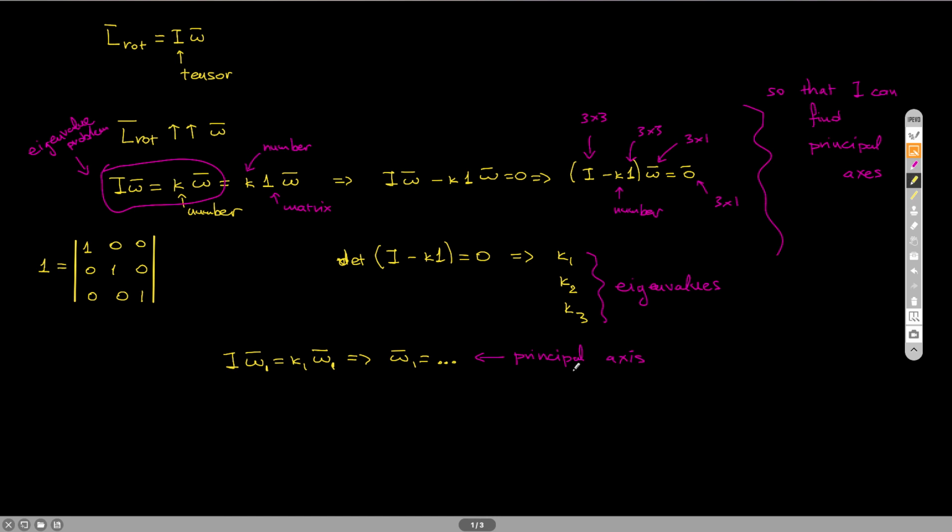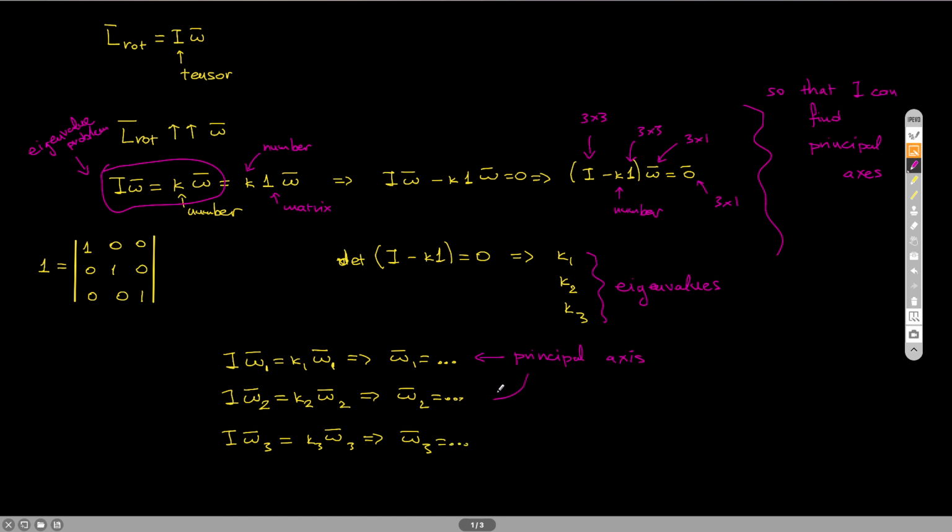Once you find your first principal axis, you're going to do this again: I omega 2 equals k2 omega 2. This is going to give you the second principal axis. And of course, you're going to do this one more time, and you will find your third principal axis.